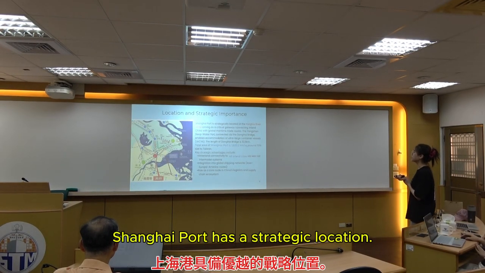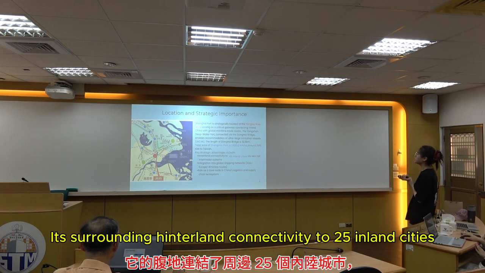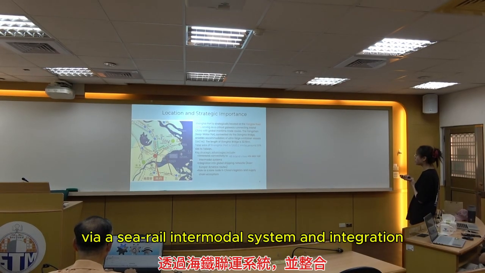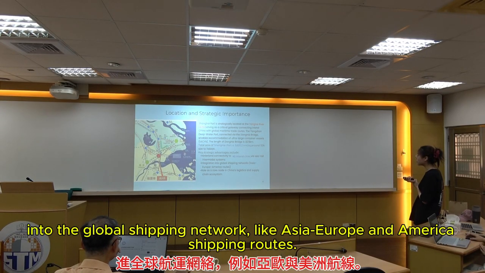And Shanghai Port has a strategic location, and it has interline connectivity to 25 inland cities via a sea-rail intermodal system, and integration into global shipping networks like Asia-Europe and America shipping routes.